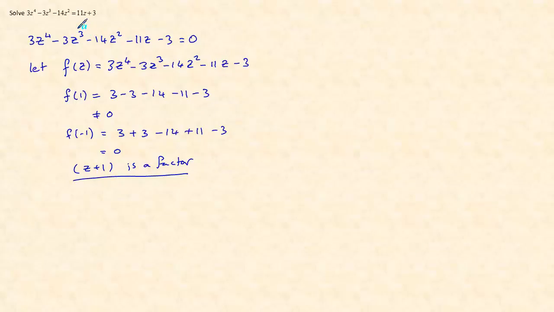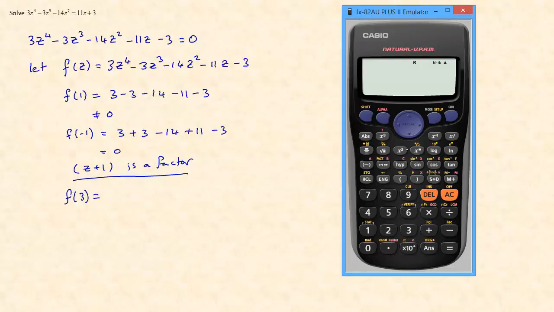We don't need to try 2 because it's not a factor of 3, so we're going to try 3 next. So we'll go for f of 3. I'll probably use the calculator for this.